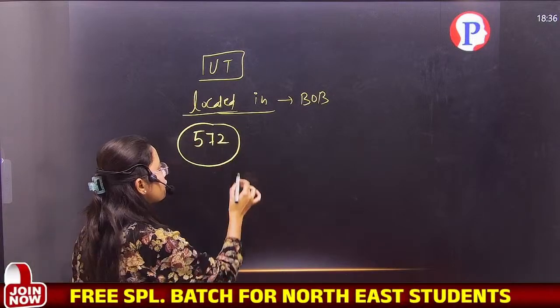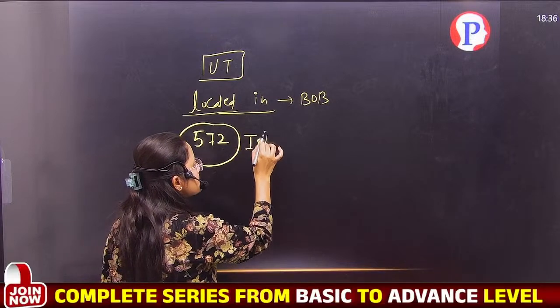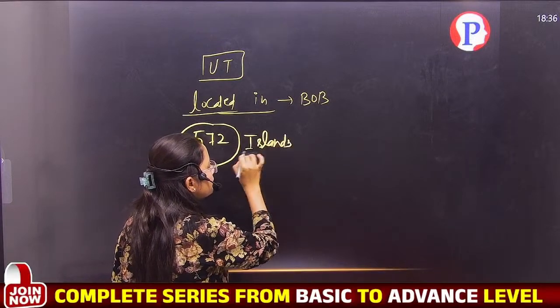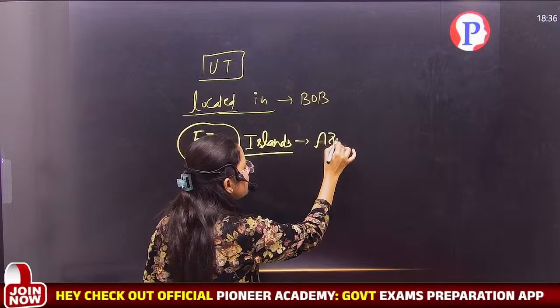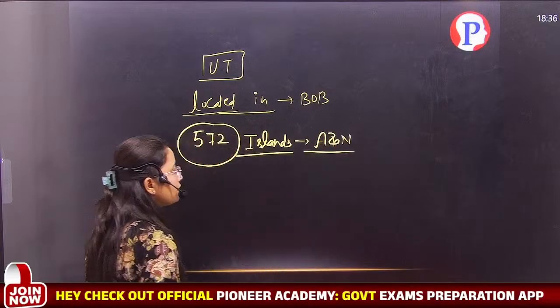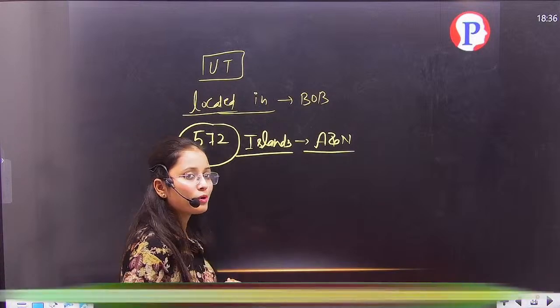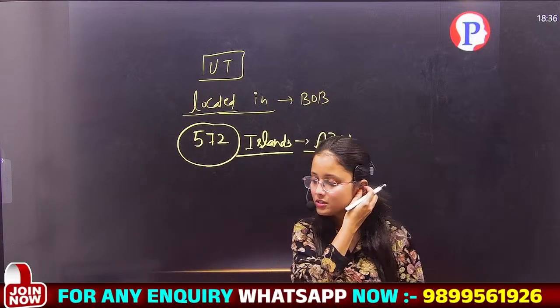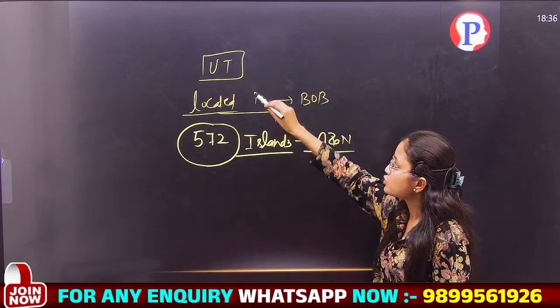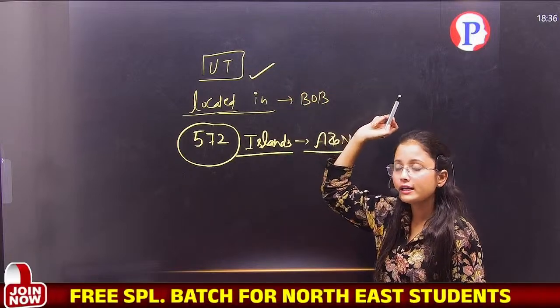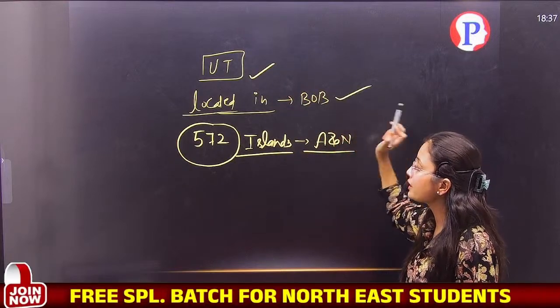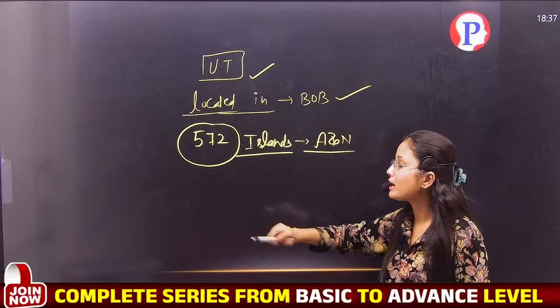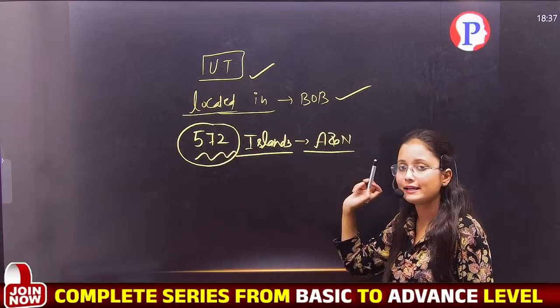These are some important questions we have talked about. It is an Indian territory located in the Bay of Bengal, and there are 572 islands in it.